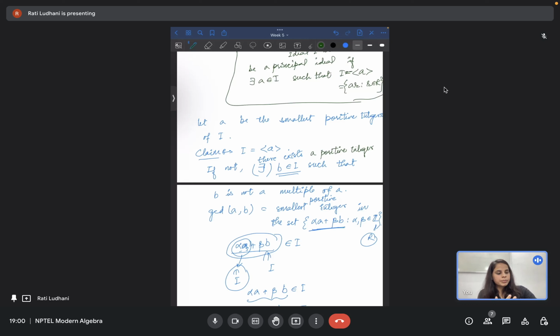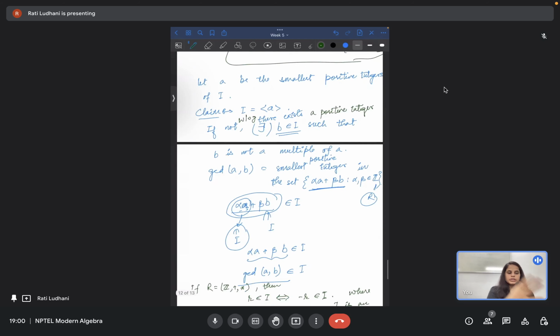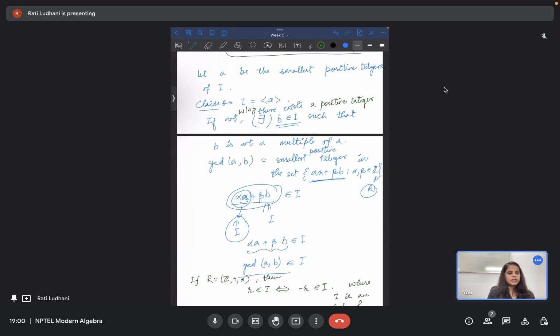If not, then there exists, without loss of generality, some positive element B such that B is not a multiple of A. Is that okay? Because if you have minus B there, then you will always have B. If you have a negative integer, then you have the positive integer of the same value.